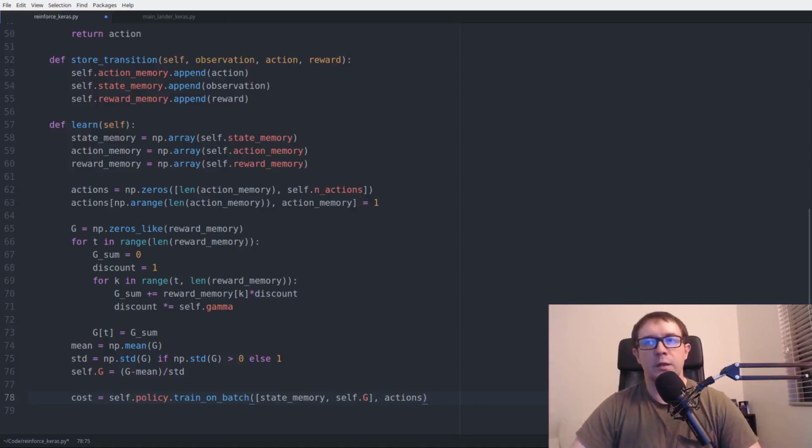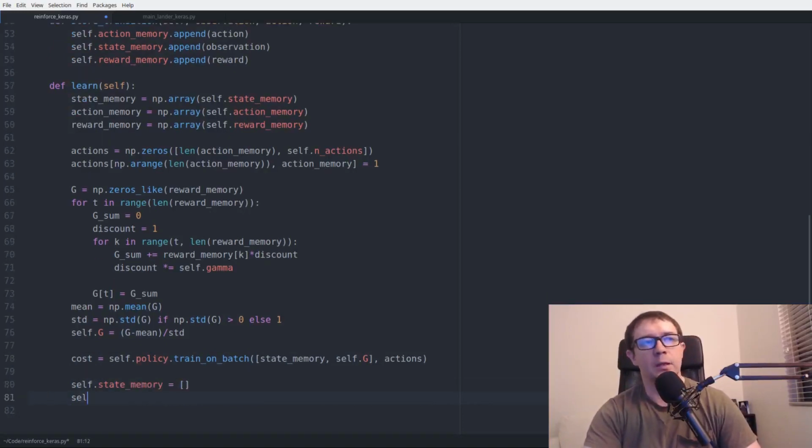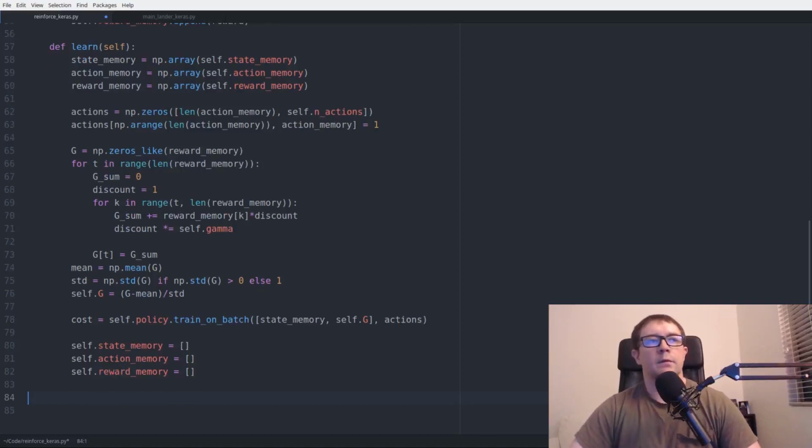This will be the y predicted, and these will be the y true for our loss function. Once that is done, we are done with our memory for the episode. So let's go ahead and reset it. No point in keeping it around. This is, after all, a Monte Carlo method, and same for the reward memory. And that is it. If you want, you can return the cost.